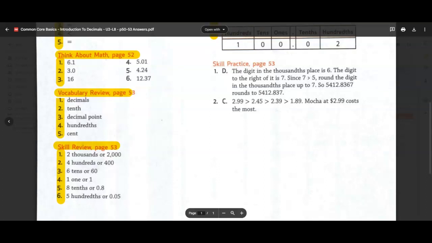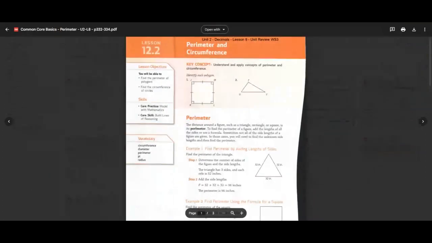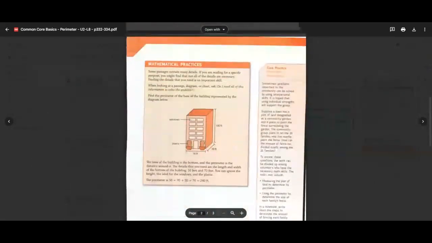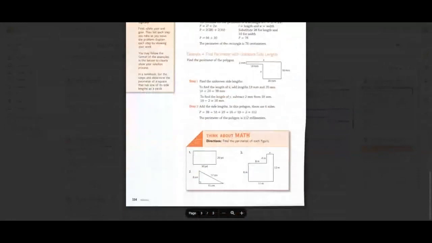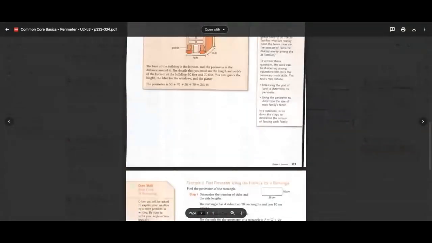This is now the second thing that I want you to work on. And it looks like this. And the problems actually start, there's some review stuff there, but there's not that many problems.